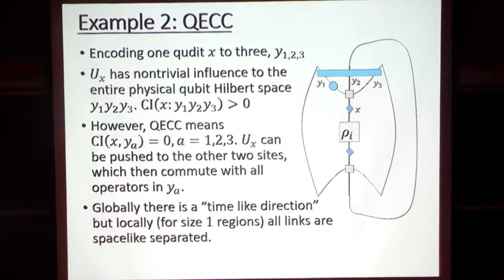If all the points are space-like separated from X, then the whole region is also space-like separated from X. But in this example, each single site region is space-like separated from X, because things you do don't influence anything at a single site. But the union of them, the regions of size 2, are actually time-like separated from X. That's the key difference from the classical case, which tells us that the quantum causal structure can be very different, very rich.